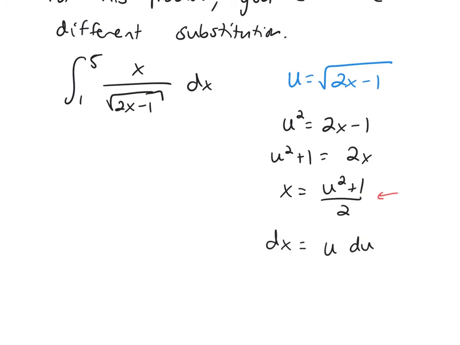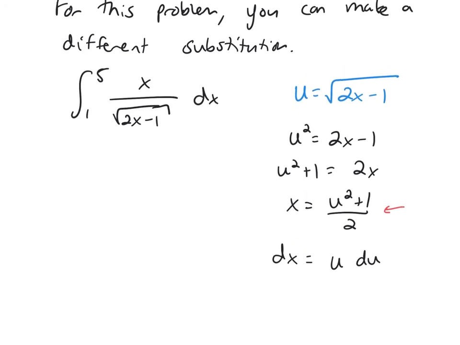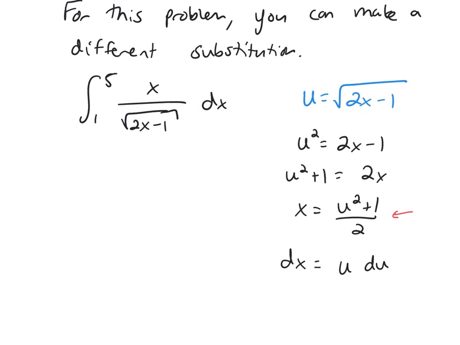So we've got everything we need, except we need to change our bounds, right? So if x is 1, what's u going to be? u will be the square root of 2 minus 1, the square root of 1, which is 1.